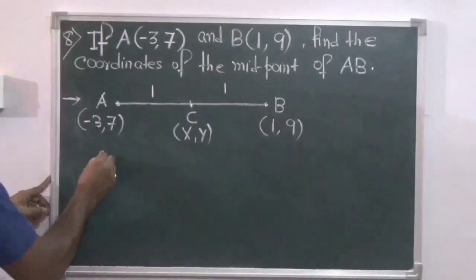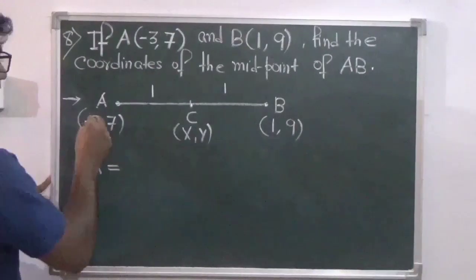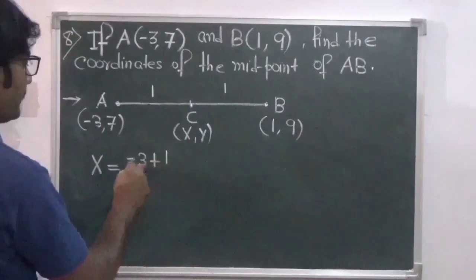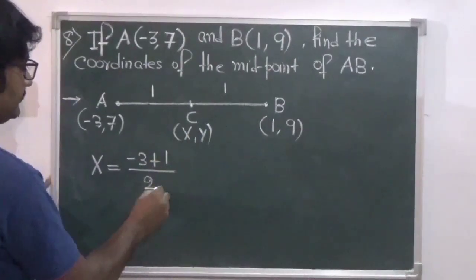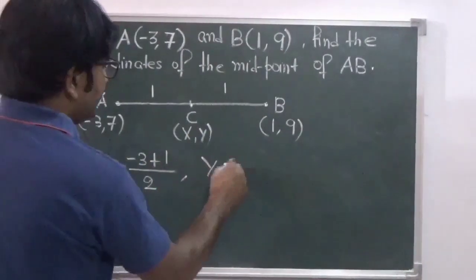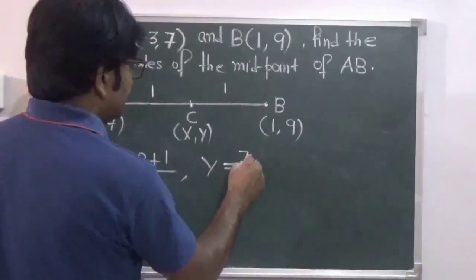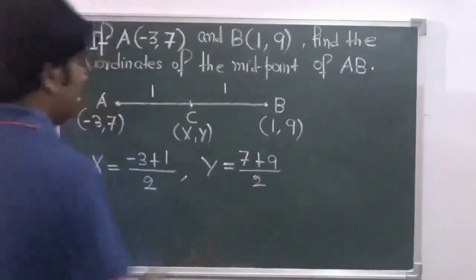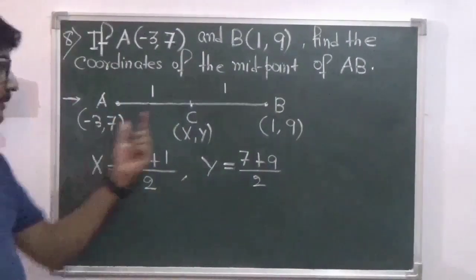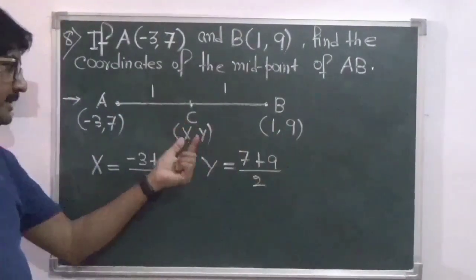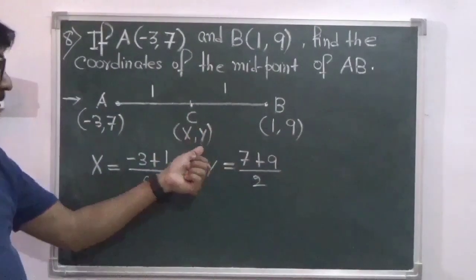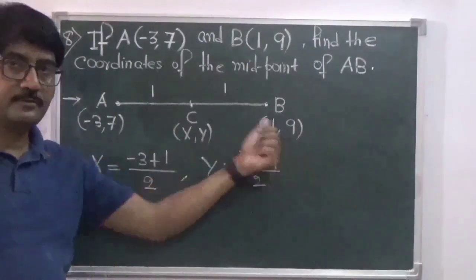So we have the value of x is (-3 + 1)/2 and y equals (7 + 9)/2. If this is (x1, y1), this is (x2, y2), then the midpoint x is given by (x1 + x2)/2 and y is given by (y1 + y2)/2.